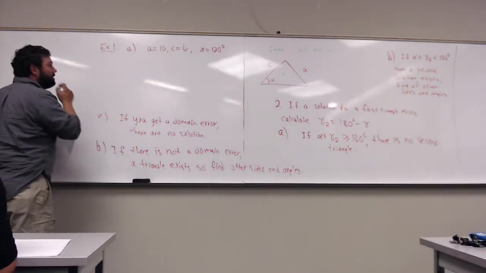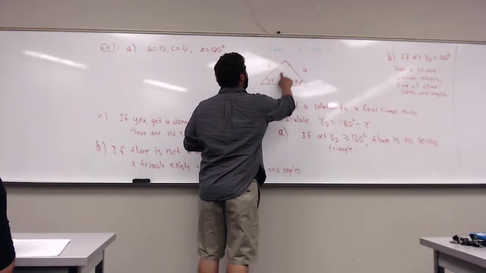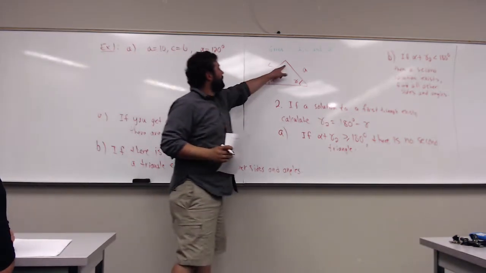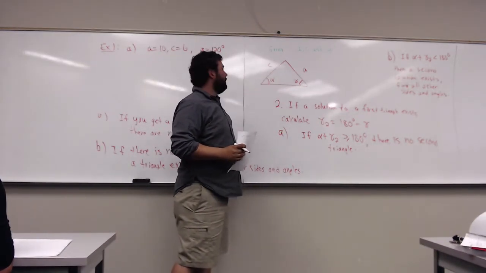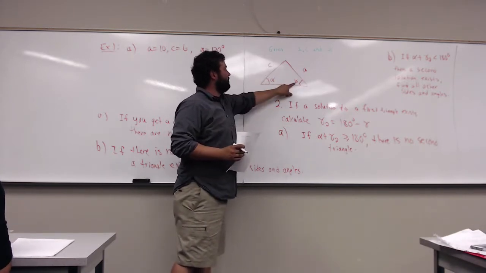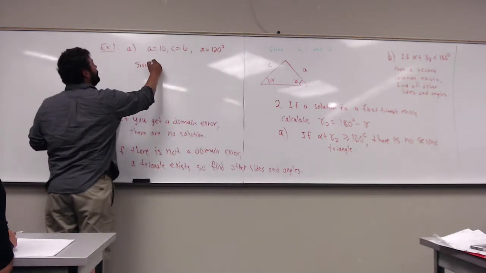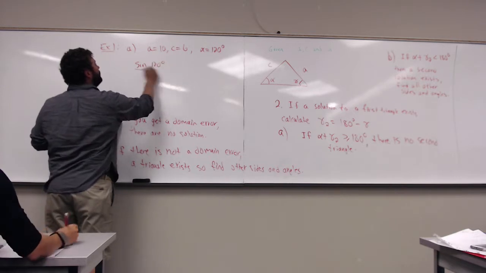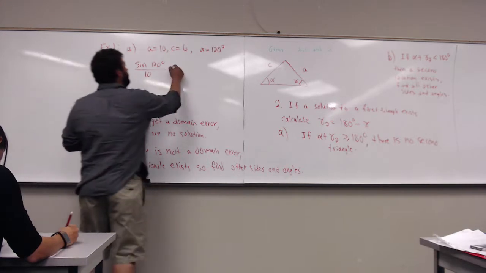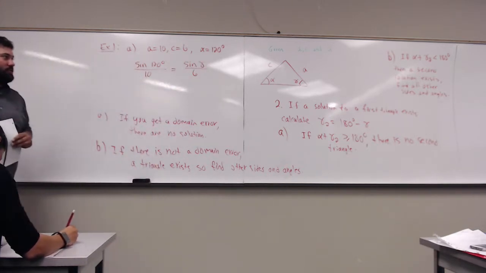All right, so again, kind of think of my picture up here. I can call this angle down here gamma. Let me just get rid of that for now, just so we have the picture. Again, beta and B are not given. The only things we know are A, C, and alpha. So the only thing you could solve for first is gamma. So you can set up sine alpha, which is 120 degrees, over the side length 10, would equal sine of gamma over its opposite side, which has length 6.